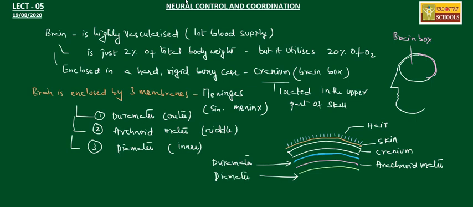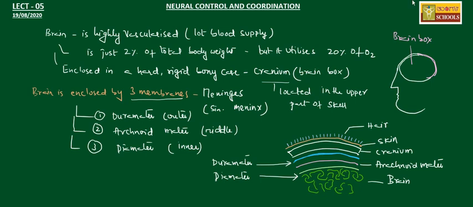Below this pia mater we find the brain. So this is the brain, right? So here the brain is covered by three membranes: the outer dura mater, arachnoid, and pia mater.